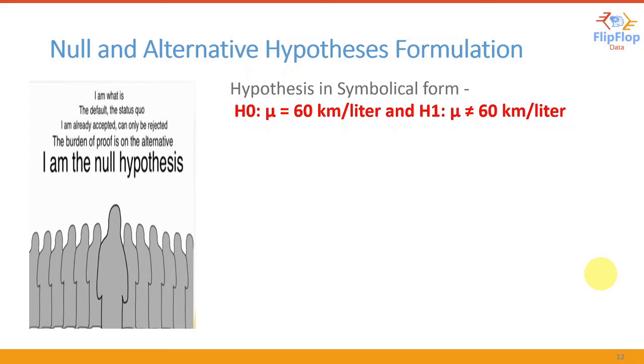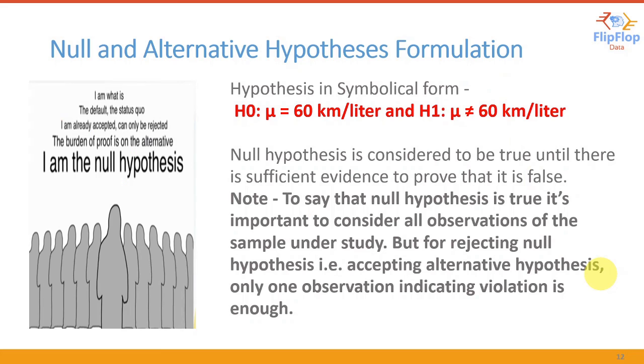So considering this example under study, we assume that the null hypothesis is true until there is sufficient evidence to prove it is false. A very important point to highlight over here is, to say that the null hypothesis is true, it is important to consider all observations of the sample under study.